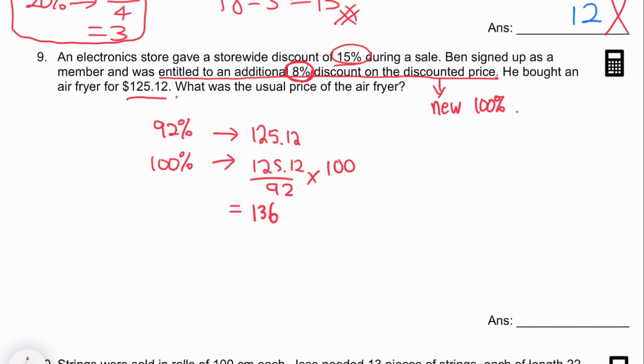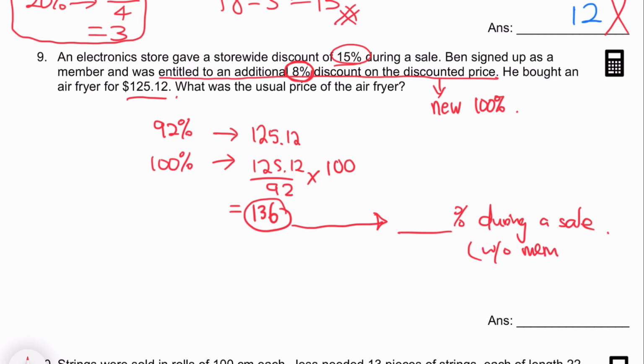Okay, so this $136 refers to how many percent during a sale. That is without membership. Okay, so we refer that to here. That is equals to 85%.